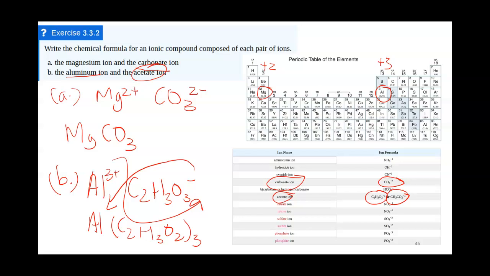And let's just correct something here. That should have been 2, shouldn't it? There we go, C2H3O2-. Okay, so there are our 2 answers: MgCO3, and then Al(C2H3O2)3.